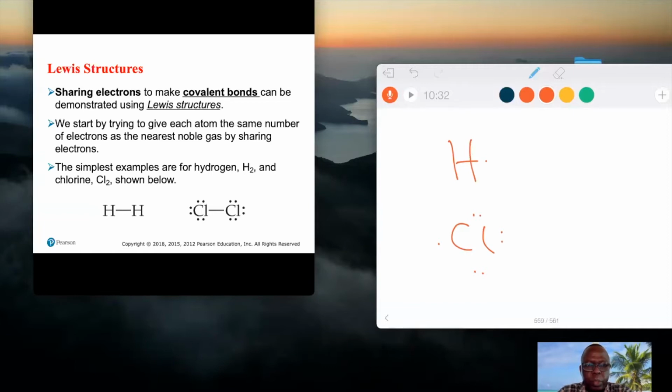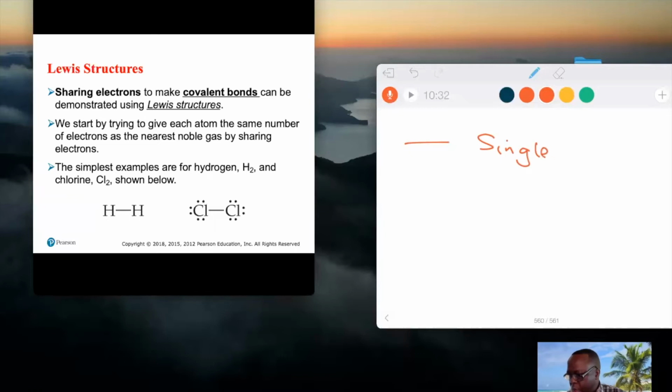It could be a single bond, and we will look at the double bond down the line. We represent that using a line. We call this a single bond, and it has two electrons.